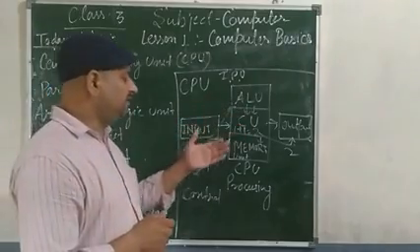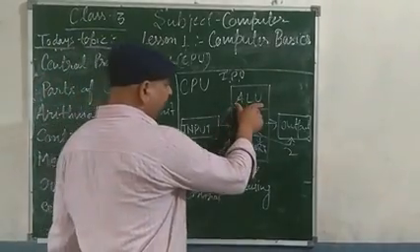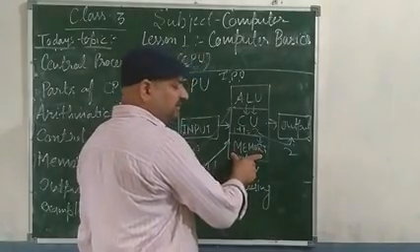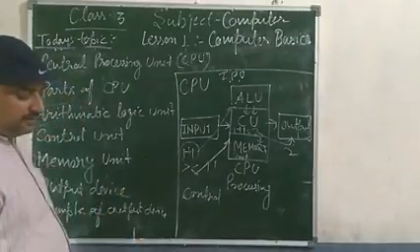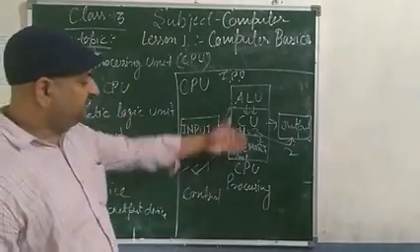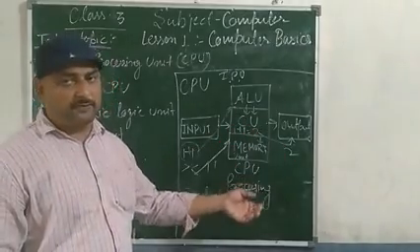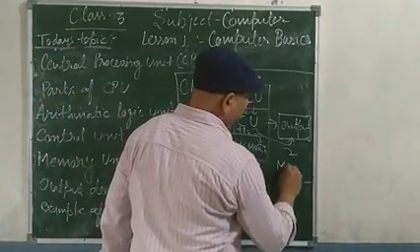So all three parts have different works: ALU means mathematical work, CU means controlling work, memory unit means storage work. After this processing, the system generates the output and the output is displayed on the monitor screen.